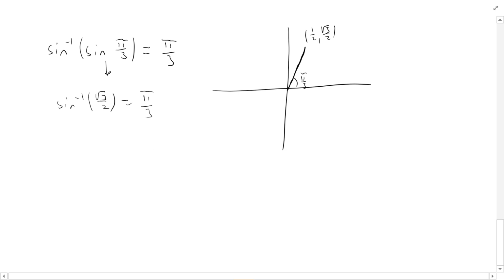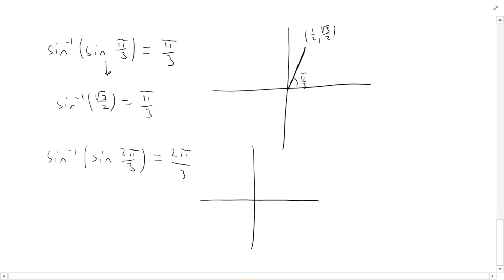Now, what if instead I say sine inverse of sine of 2 pi over 3? Well, let's look at how this one works out. You might be tempted to say that that's equal to 2 pi over 3, just thinking, oh, these two cancel off or something like that. But that is not the case here. If we look at 2 pi over 3, that's this angle here.